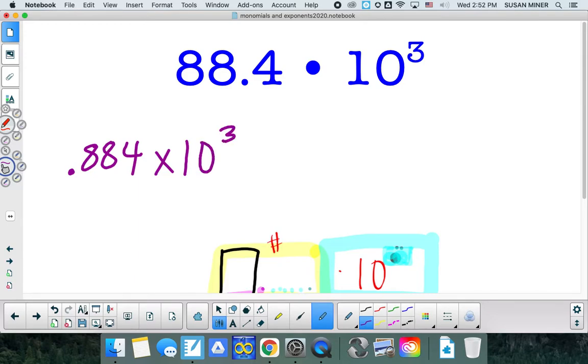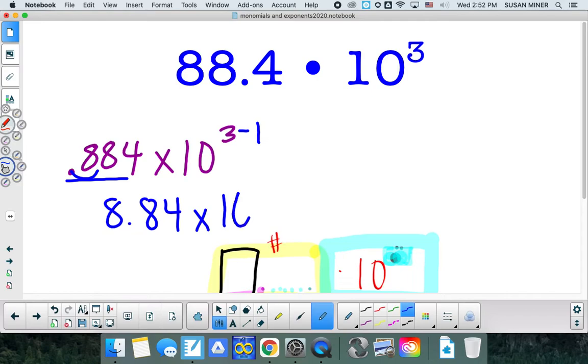Well, if I wanted to put this number in correct scientific notation, this number up here is smaller than 1. And so when I move this decimal, I'm going to still make it 8.84, but this time I would have to take away one of my exponents because I started out with this number that was smaller than 1.